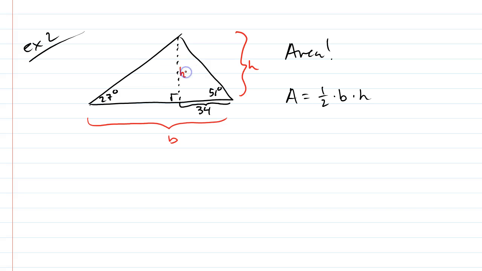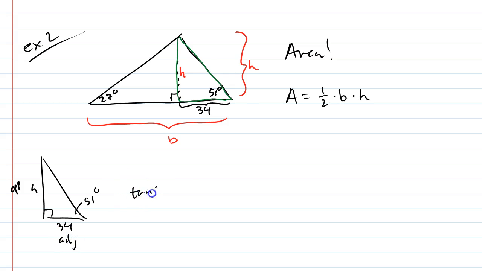Let me put h here and focus on the small triangle. This is a right triangle, and if I draw it separately, this is 51 degrees, this is h, and this is 34. The right angle is right there. So I'm going to use tangent to figure out h. The reason is this is the opposite, this is the adjacent.